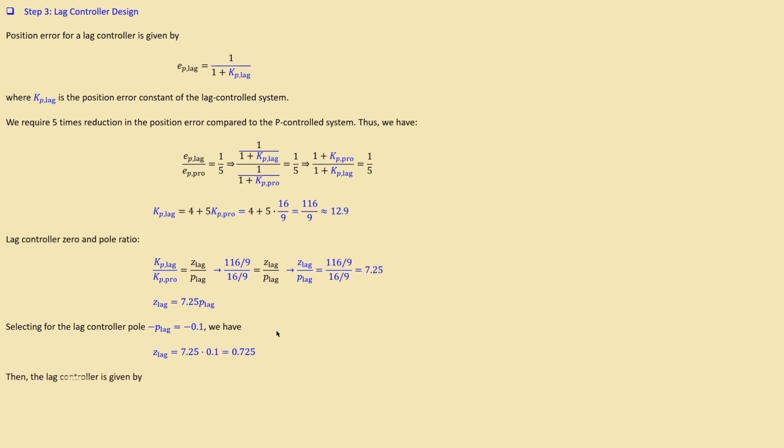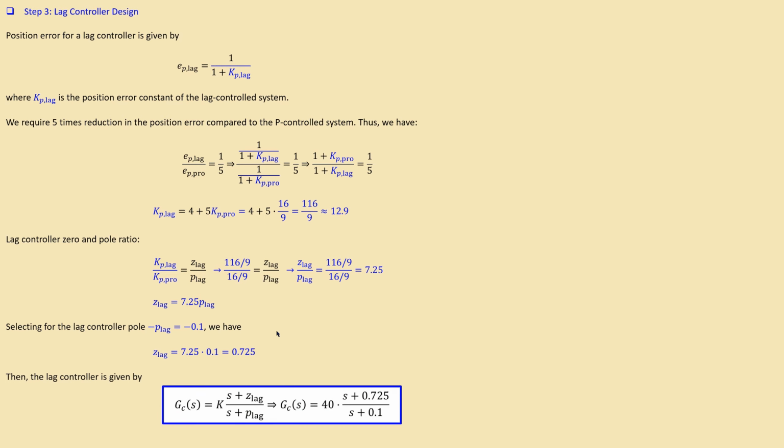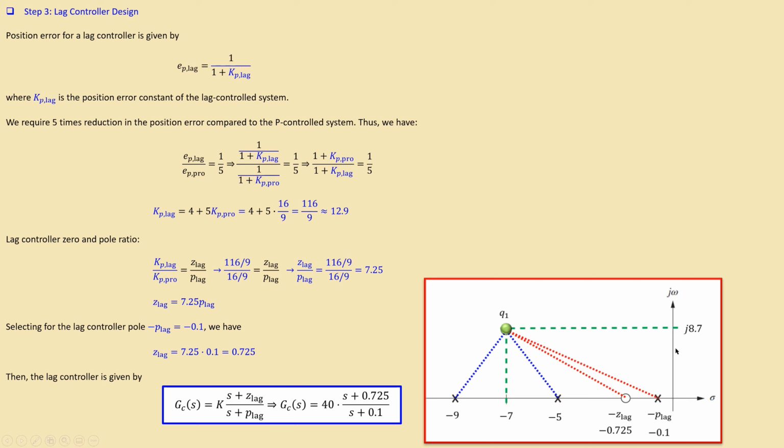So our lag controller gain, I mean the lag transfer function, is given by this expression. We have the gain, a 0 and a pole location as shown here. Let's look at it in more detail in our diagram. What we have is again the Q1, which is our design point at -7 + j8.7.